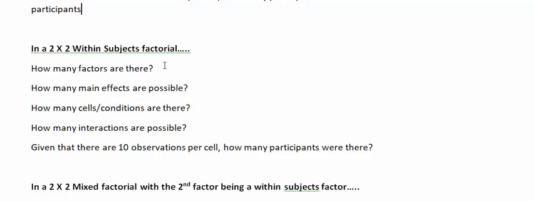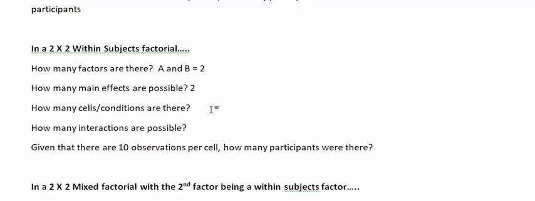So the question becomes, how many factors are there? Well, you still have A and B, so that is 2 factors again. How many main effects are possible? Nothing's changed. That's 2 because you have a main effect for each factor. How many cells and conditions are there?